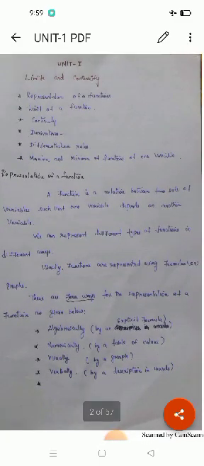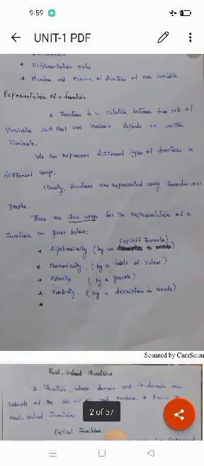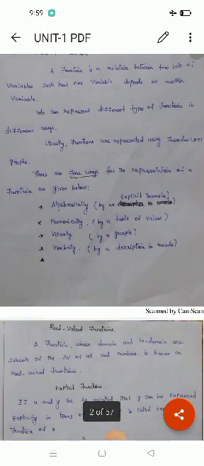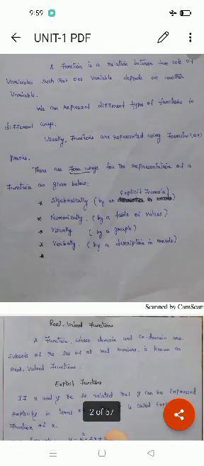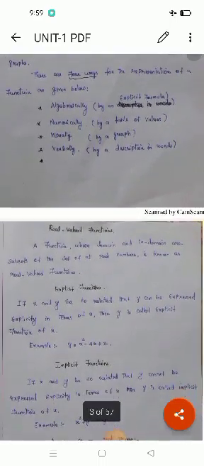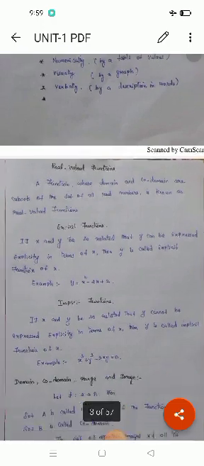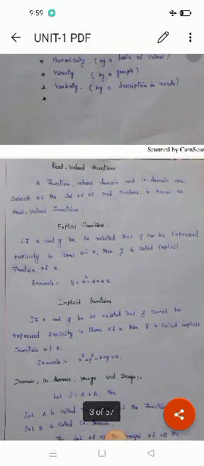There are four ways to represent a function: algebraically, numerically, visually and verbally. The next definition is real valued function. A function whose domain and codomain are subsets of the set of all real numbers is known as a real valued function.